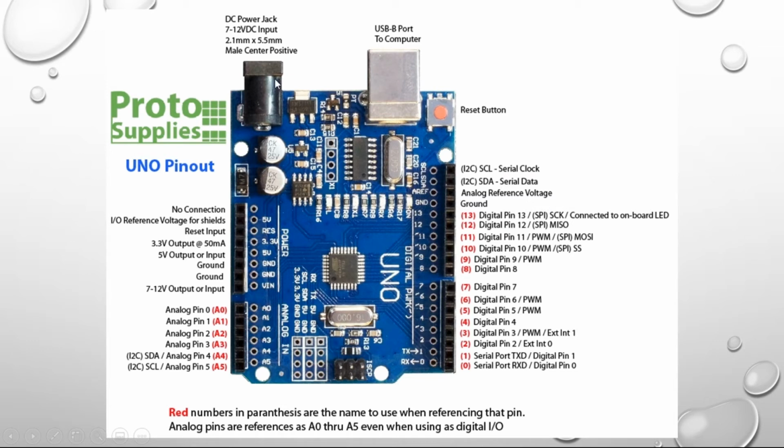Then it has a DC power jack and a USB type B port which can be connected to the computer. To program the Arduino microcontroller, you need this port to upload your Arduino code into this ATmega chip.